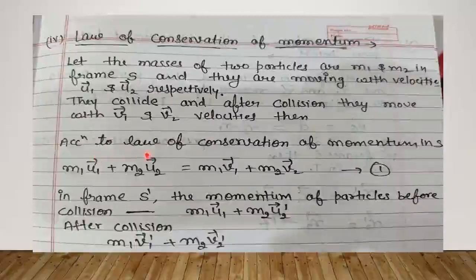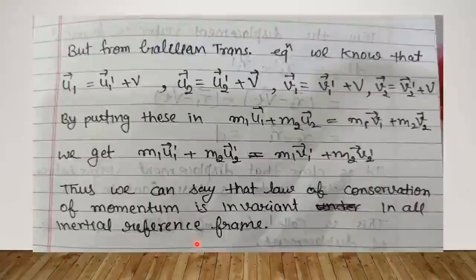Then according to the law of conservation of momentum in frame S, we have m1u1 plus m2u2 equals m1v1 plus m2v2. In frame S dash, the momentum of the particles before collision is m1u1 dash plus m2u2 dash. After collision it is m1v1 dash plus m2v2 dash.